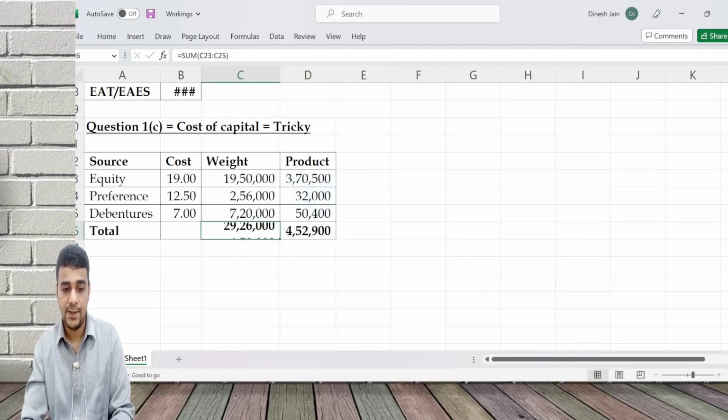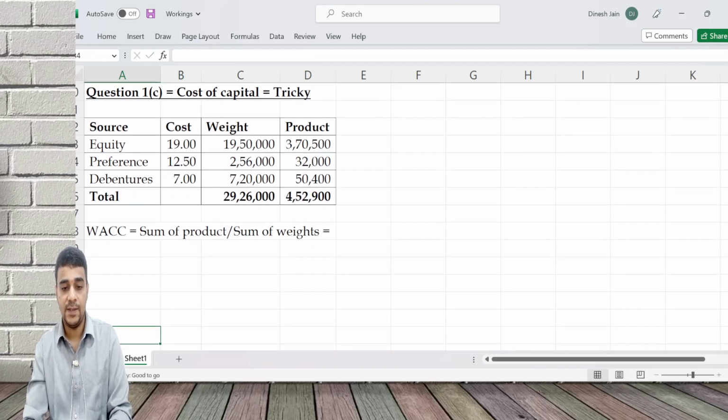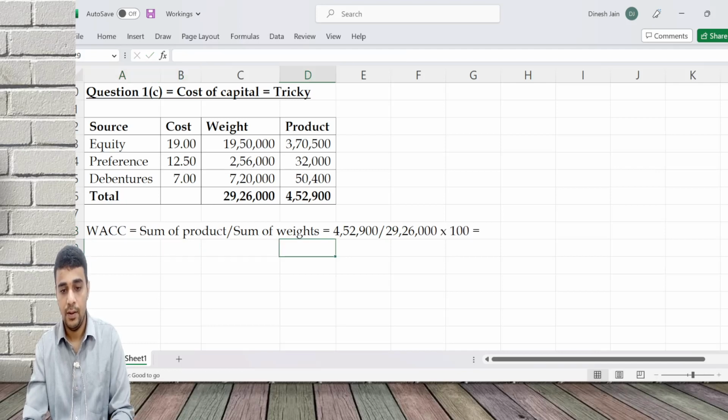WACC is equal to sum of product divided by sum of weights. 452 900, 2926. We'll do maybe 2 decimals.